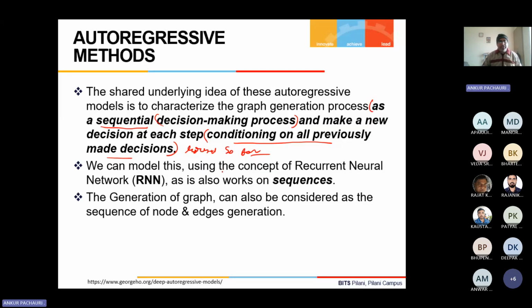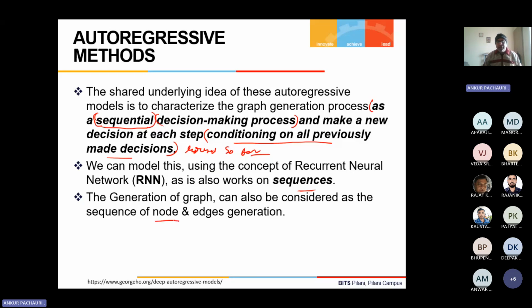So we can model this using the concept of RNN, recurrent neural network, which also works for sequences. So what is sequential here? Adding a new node and making its connectivity. The generation of a graph can be considered as a sequence of node and edge generation.